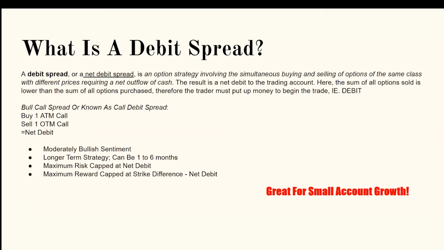You want to buy the more expensive call and then sell the cheaper call for protection. Let's say, random example, SPY is trading at $297. You buy the 298 call and then sell the 300 call for protection, creating a bit of a hedge. That would be an at the money example.